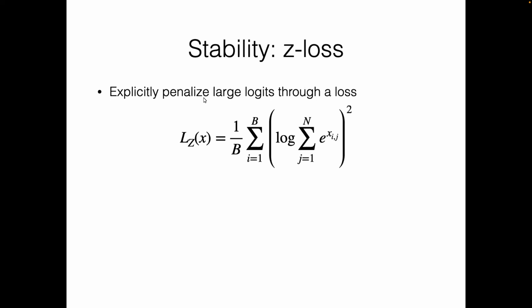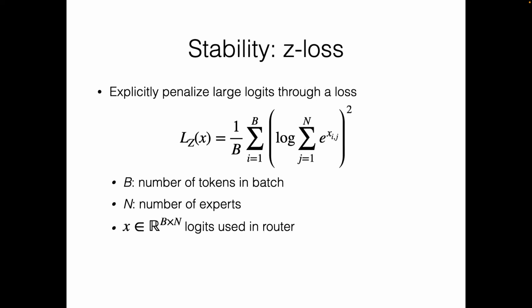As this gets larger, you get a higher loss, and so the loss will try to bring it down. So here's just the notation. Again, here X, this is going to be these logits or the scores that you're using in the router, and you're going to attach this loss to it.